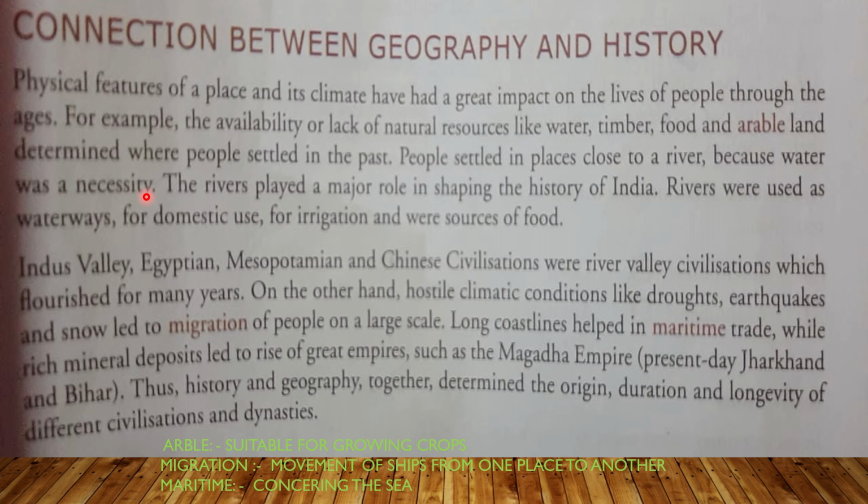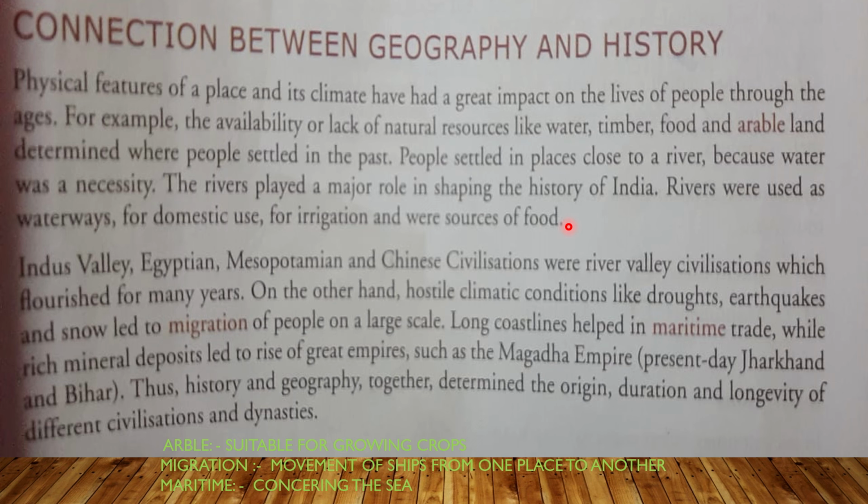If there were no rivers, Indian history would not have been so clearly shaped. That's why they say it shaped the history of India. Rivers were used as waterways, for domestic use, for irrigation, and as sources of water.